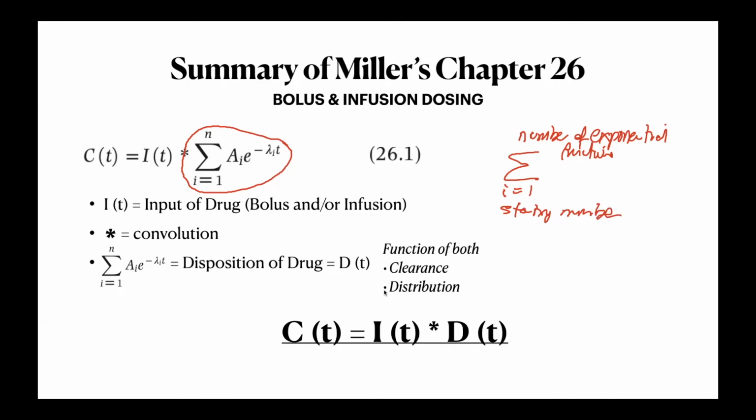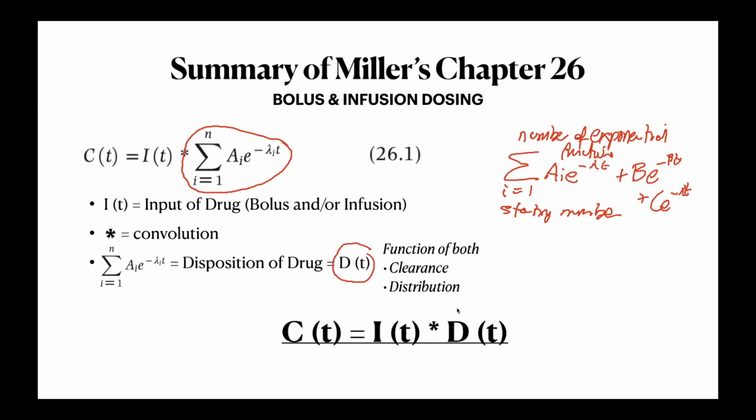So that's what they mean. And they've got your exponential decay function, which is your concentration at time 0 multiplied by Euler's number to the power of a rate constant multiplied by time. And so what you would have is you would have several of these functions like this. Okay, that's what this function means, the disposition of the drug, which can be simply summarized as D with respect to time.